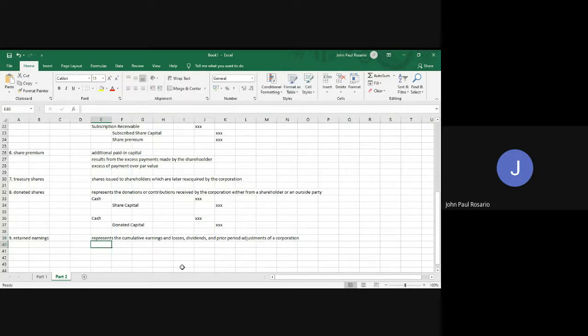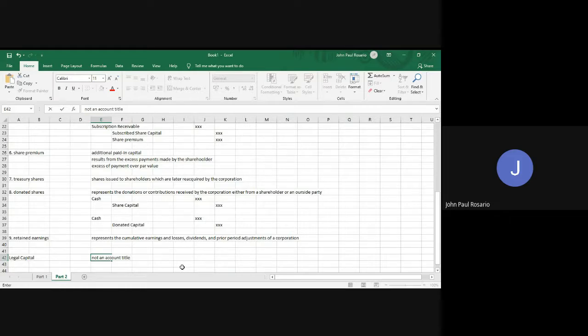Now, before we go to how to journalize transactions affecting the share capital, let me introduce you first to the concept of legal capital. Legal capital is not an account title.